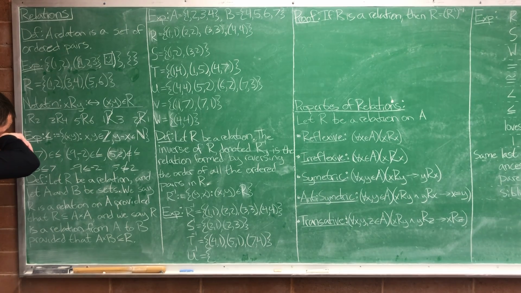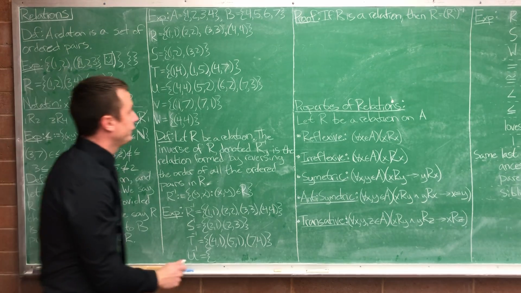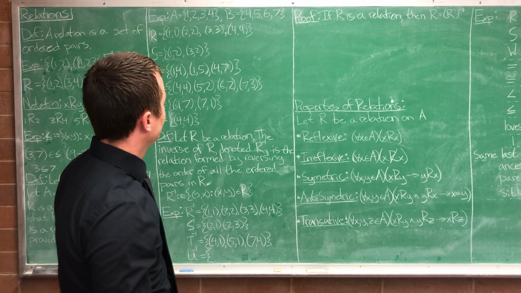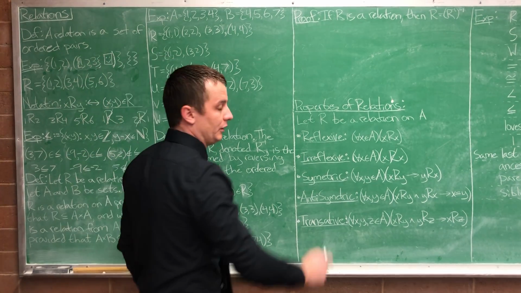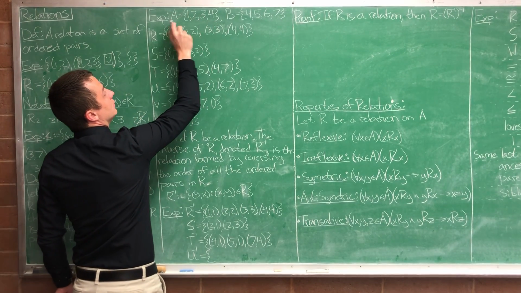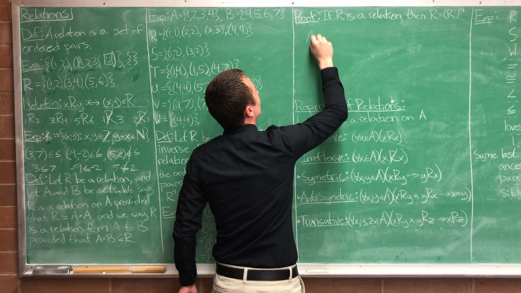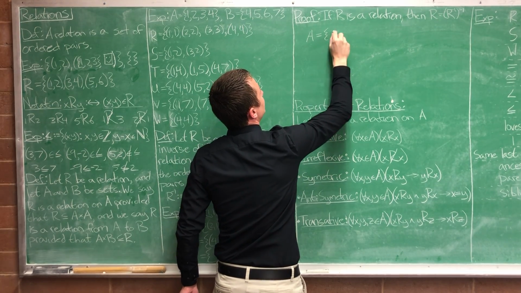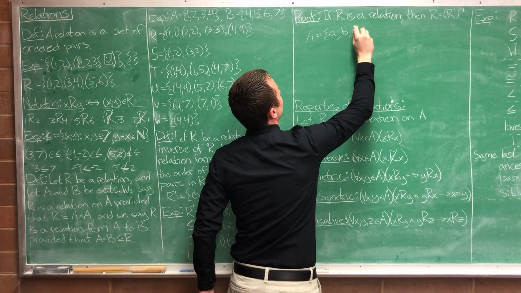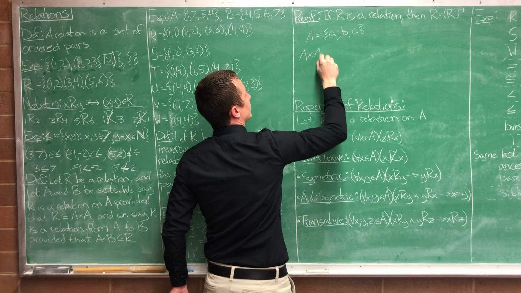Okay. So now let's define what it means for R to be a relation on a set. Before we do that, let's remind ourselves of cross product. Let's say A is equal to the set A, B, C. Do we remember what A cross A is?